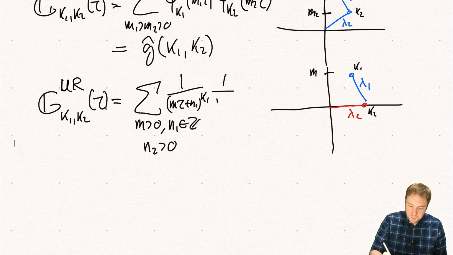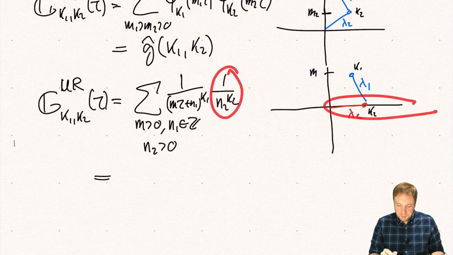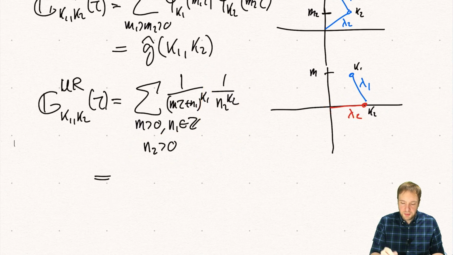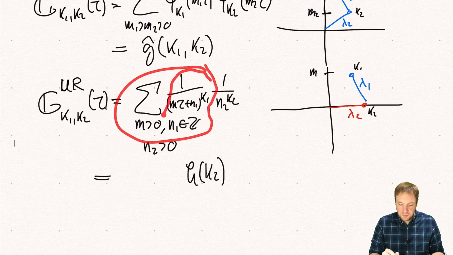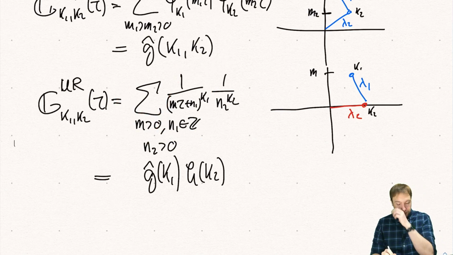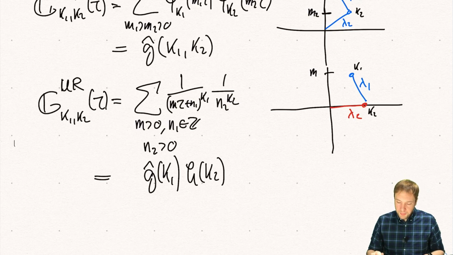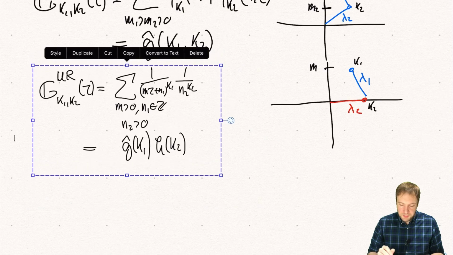And here 1 over n2 to the k2. But this term here just gives the Riemann zeta value, zeta k2. And this part here is just, again, a monotangent function, and then I take an ordered sum, and therefore this is just g hat of k1. Okay, so this term is also quite simple.